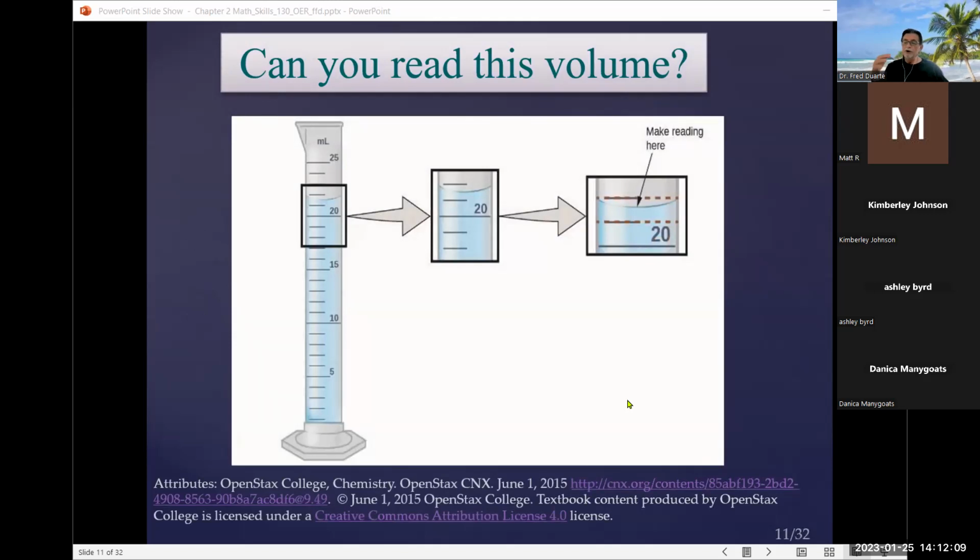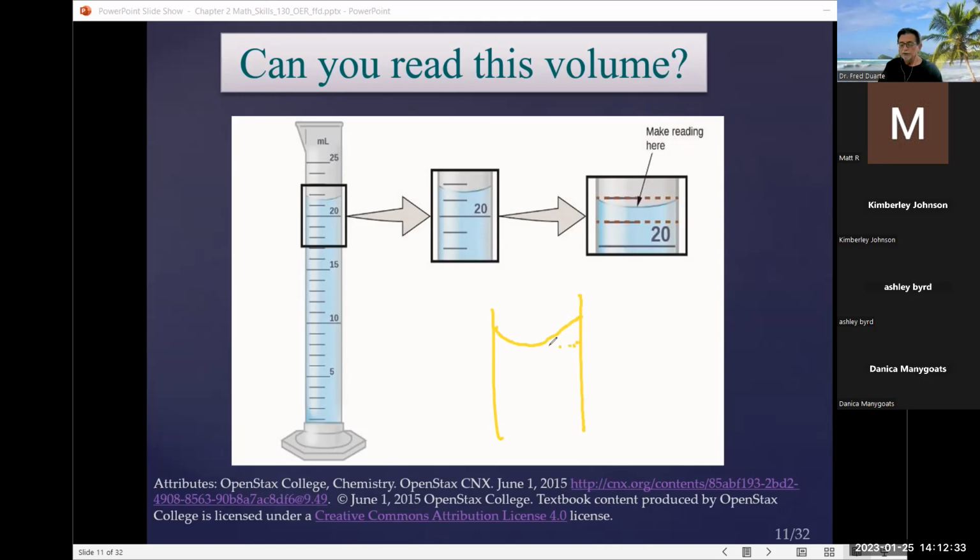Now, when we read a volume, more on this in the lab, it creates what we call a meniscus. Because of the properties of the liquid in a cylinder, you form this concave shape. That's the meniscus.